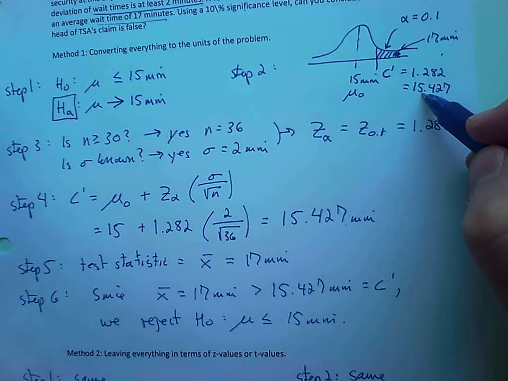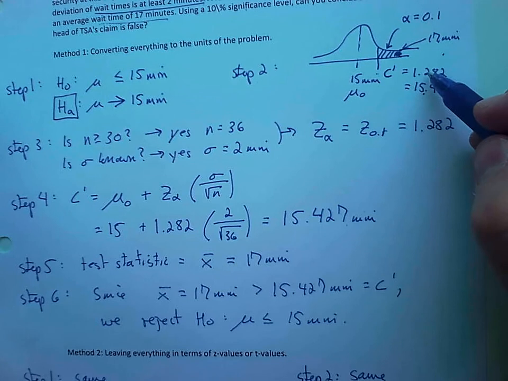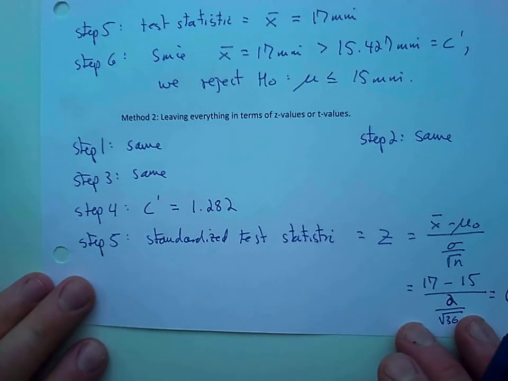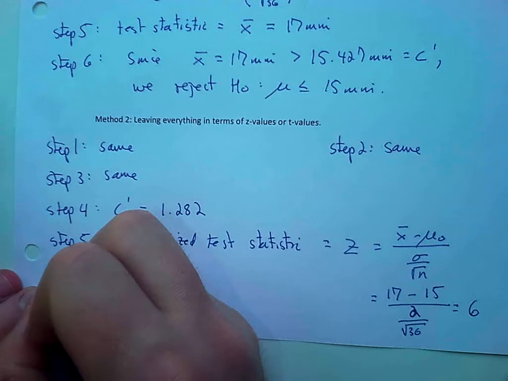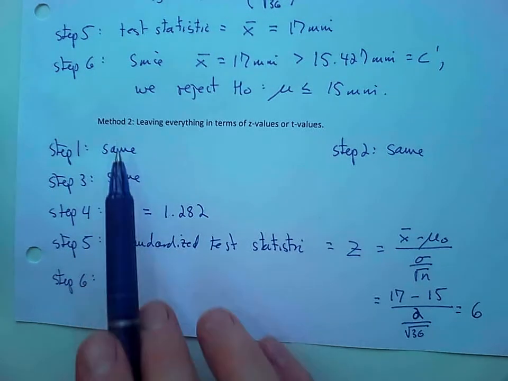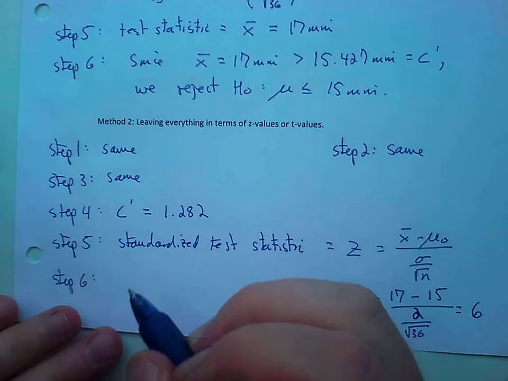You might say that 90 seconds in terms of wait times is just a small amount. But when you compare a z value of 6 to a z value of 1.2, we're clearly super far off. So we're way inside the rejection region. And that's something that we're going to use a lot with the next method that we're going to learn, method number 3, that we haven't talked about yet, just to show how strongly we can reject or not reject the null hypothesis.